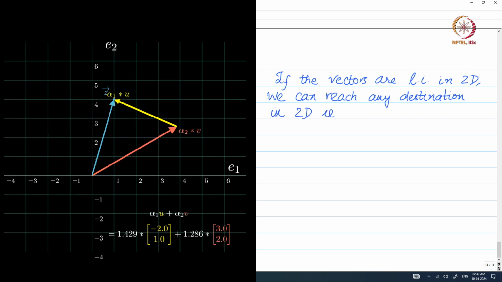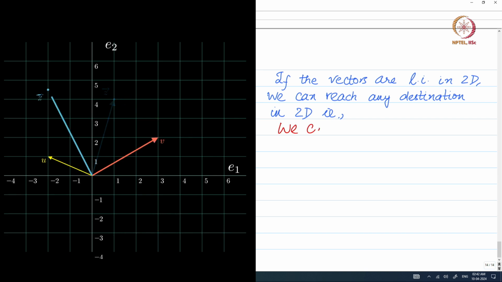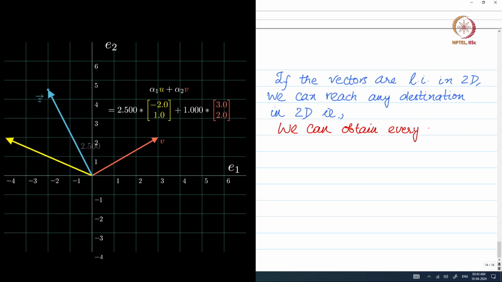That is, we can obtain every vector in 2D as a linear combination of these linearly independent vectors.